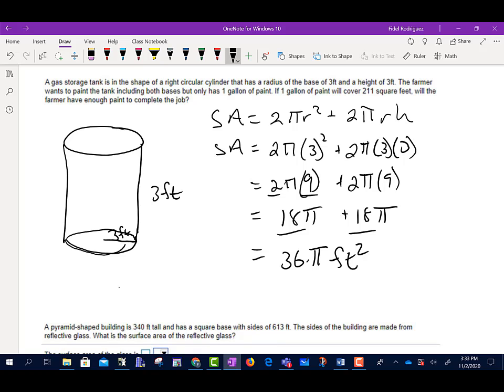We're looking to figure out, are we going to have enough paint? And so we know that 1 gallon covers 211 square feet. So at this point, guys, I'm going to use an approximation here, because I'm trying to figure out, is the area of this thing, top and bottom, more or less than 211?